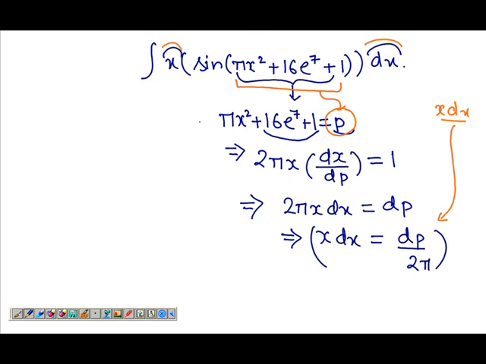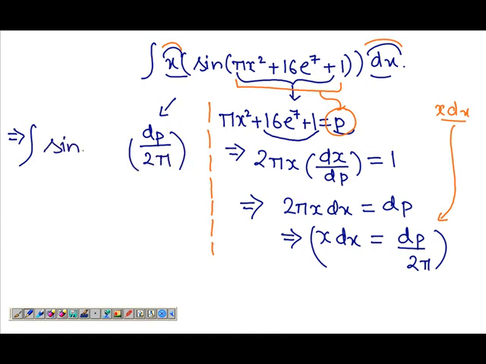So what I get here is the integral of, since x dx are together, dp over 2 pi. That's x dx, and sine of this whole thing, which is p.